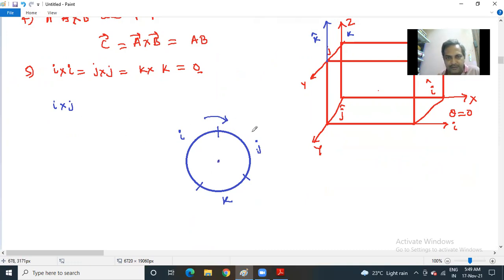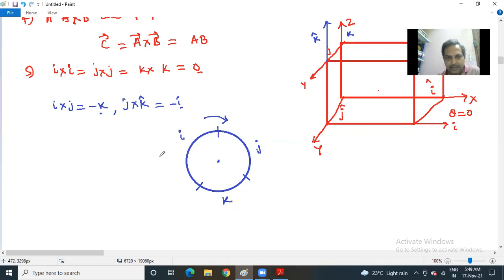If it is clockwise sense, I cross J is equal to minus K. J is moving towards K in clockwise sense. So J cross K is equal to minus I. So minus I will be resultant. Here minus K will be resultant in the first case.